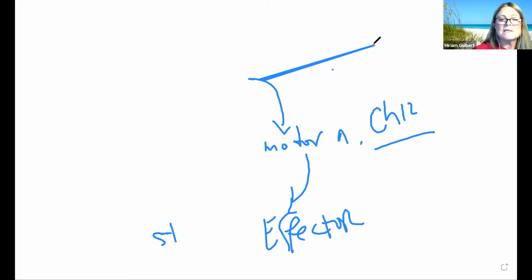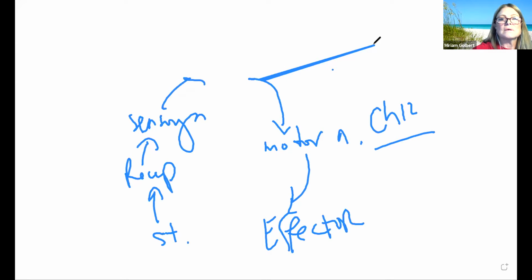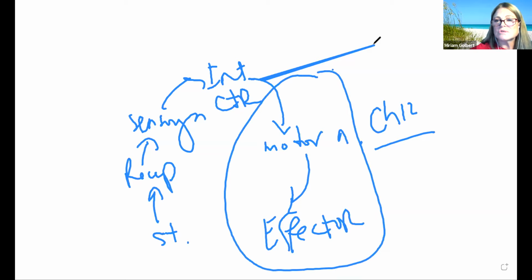So we had stimulus, receptor, sensory neuron, interpretation center, motor neuron, effector. So this side is just your neuromuscular junction. Good. Always referring back to our little reflex arc.